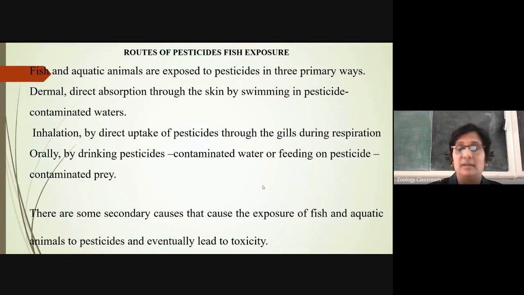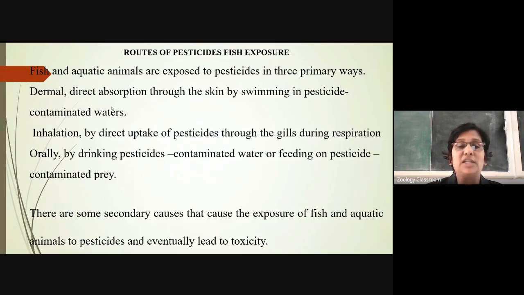In that, the fish and the aquatic animals are exposed to pesticides in three primary ways. First one is dermal, that is, direct absorption through the skin by swimming in pesticide-contaminated water.